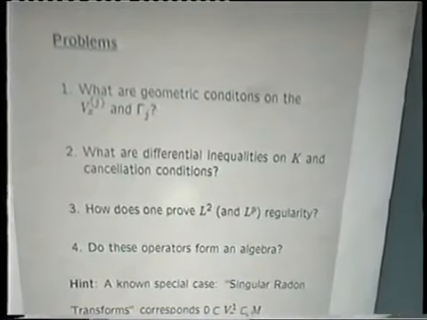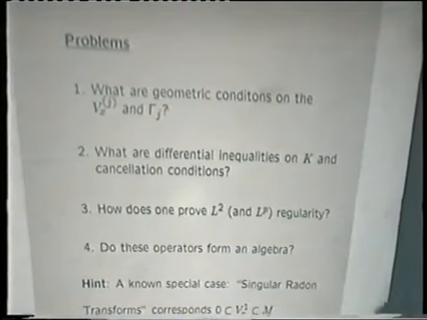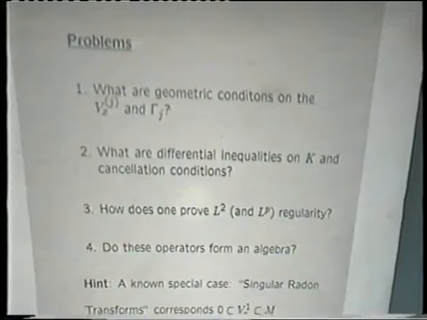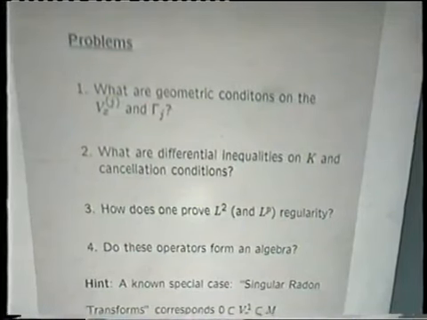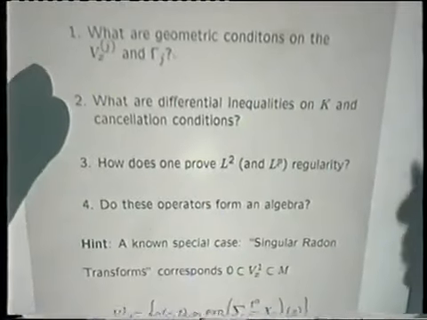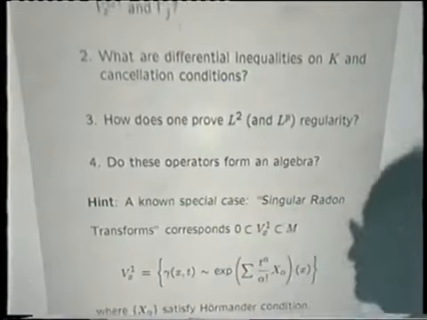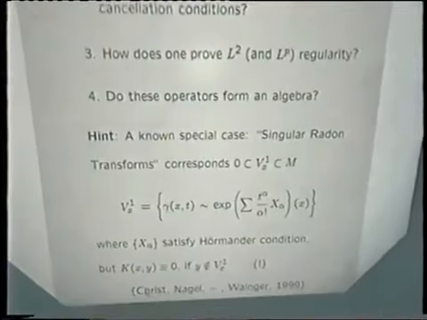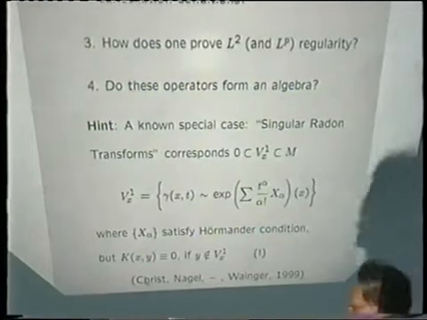And then we want to understand what are the precise differential inequalities on these kernels, which will of course be determined by these vector fields and distances in some sense from these submanifolds. And then, of course, part of understanding that is how to prove anything about these operators, how to prove that they're bounded, and why they form an algebra. Presumably they form an algebra.